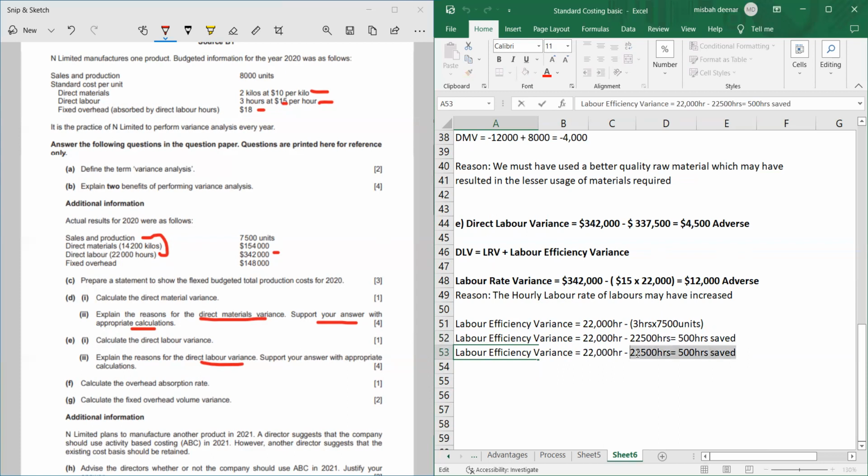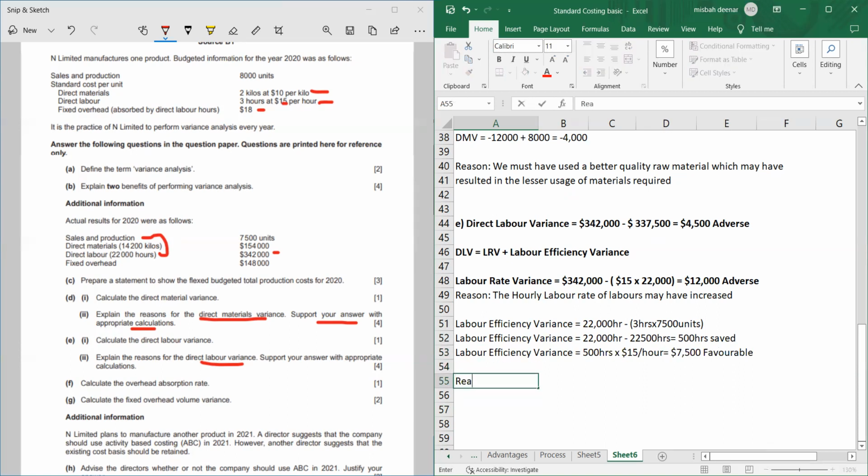If you see, 500 hours, and we budgeted at the rate of $15 per hour, equals 500 into 15, so $7,500 favorable.